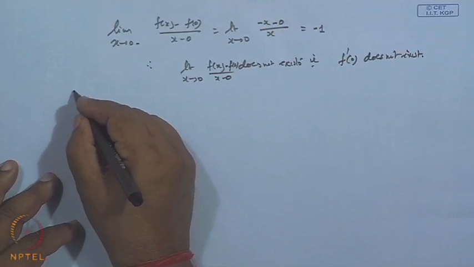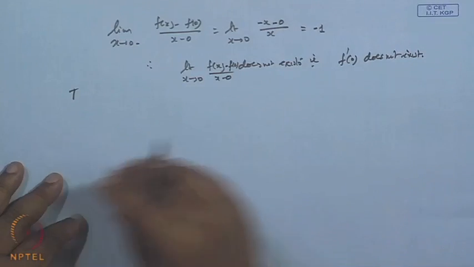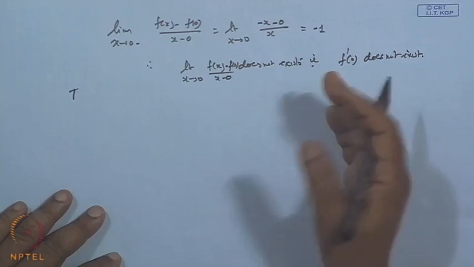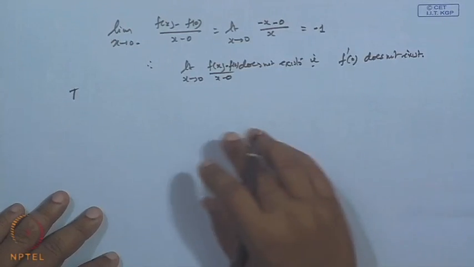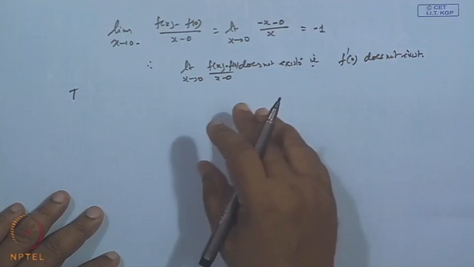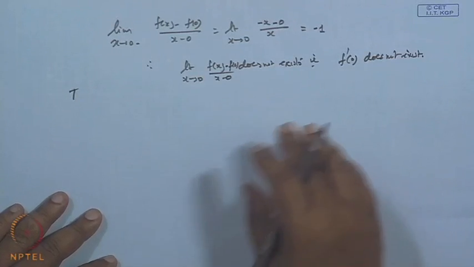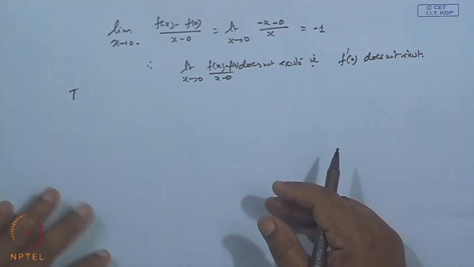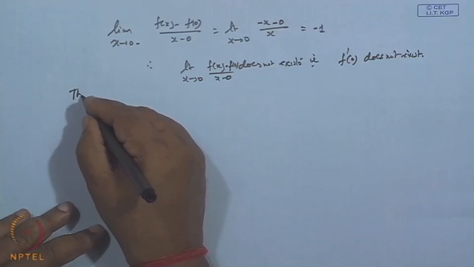Then, just like in the case of limits, where we proved that if f and g are continuous, the addition of the two functions is also continuous, the subtraction is continuous, and the multiplication of two continuous functions is continuous, similar results also hold for differentiable functions.